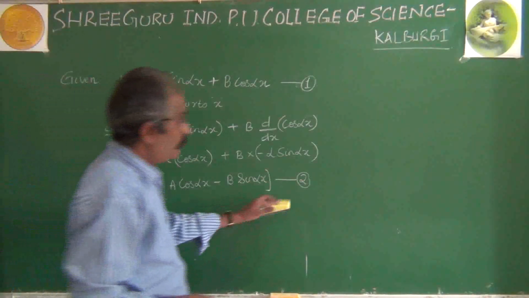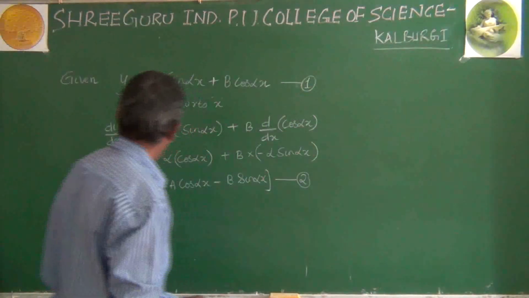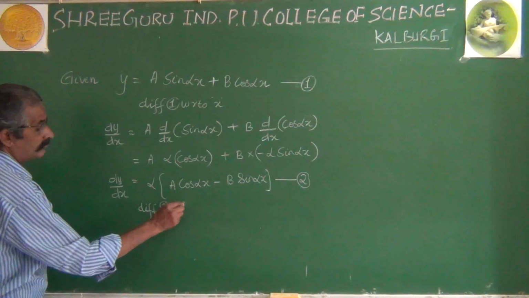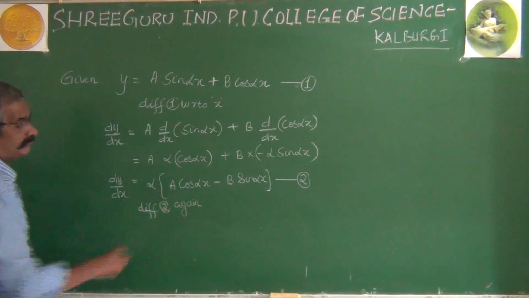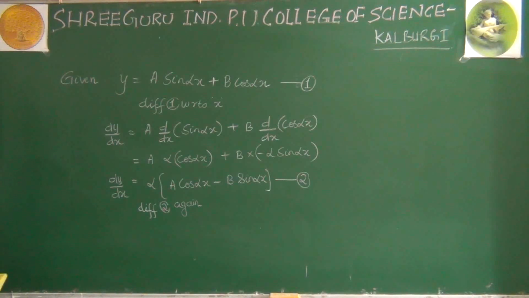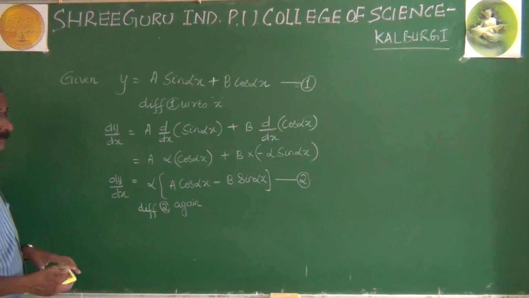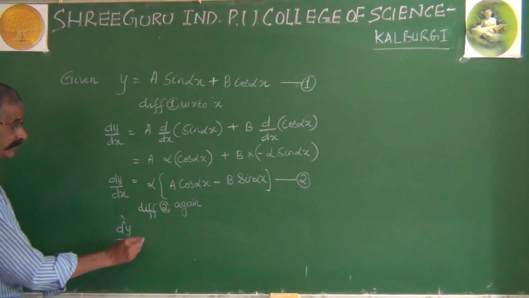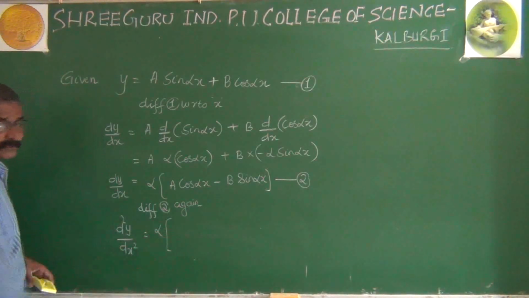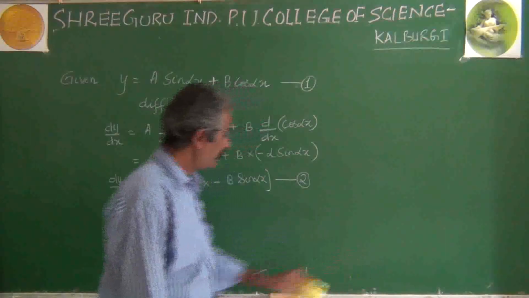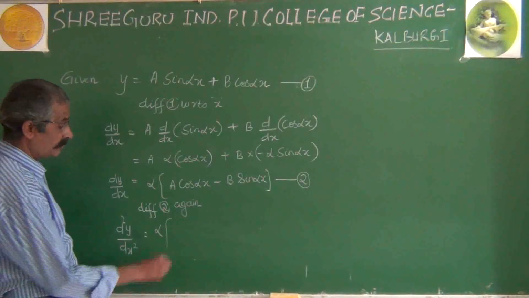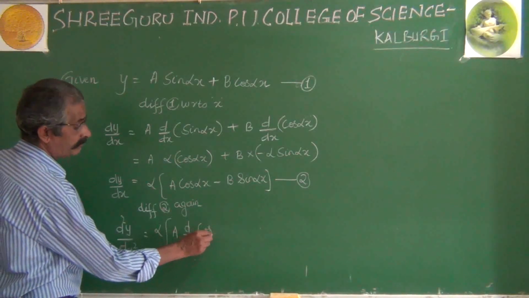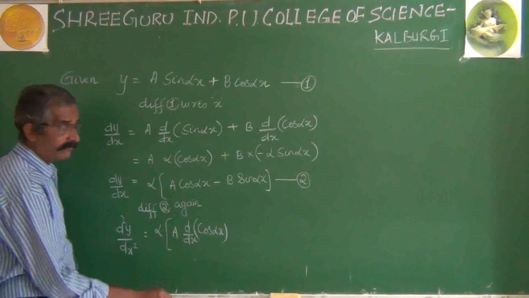Now differentiating 2 once again with respect to x, the result will be the second derivative, notation d2y by dx2. On the right hand side, alpha stays completely outside, because it is a multiplying constant. In the bracket we need to apply the sum rule: a into the derivative of cos alpha x minus b into the derivative of sin alpha x.